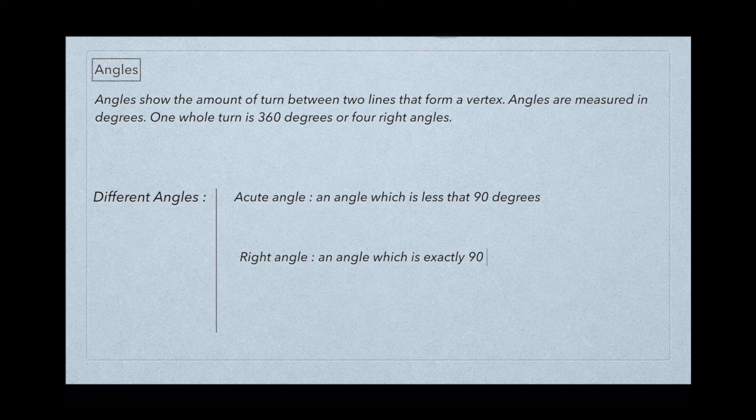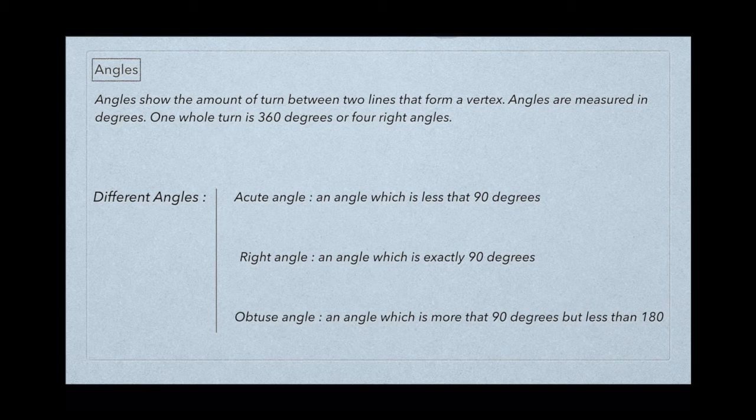A right angle, on the other side, is an angle which is exactly 90 degrees. And an obtuse angle is an angle which is more than 90 degrees, but less than 180. Now, this is very important.